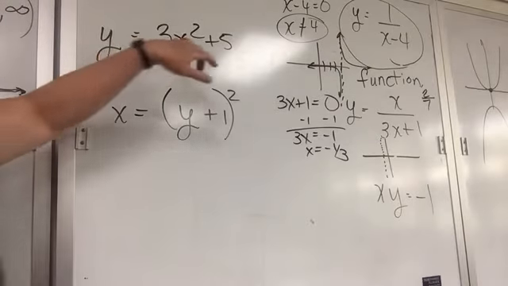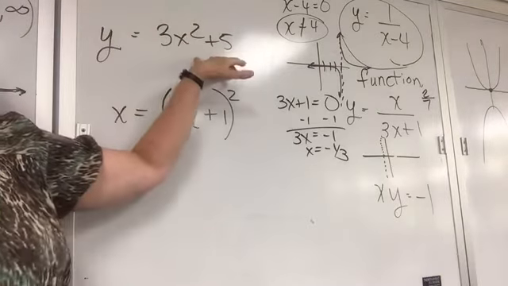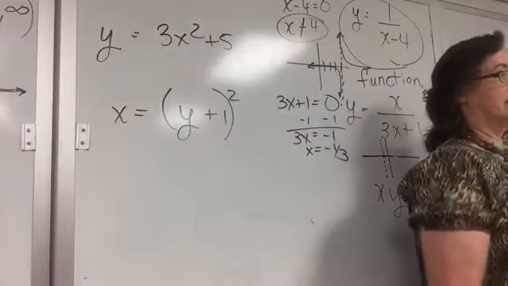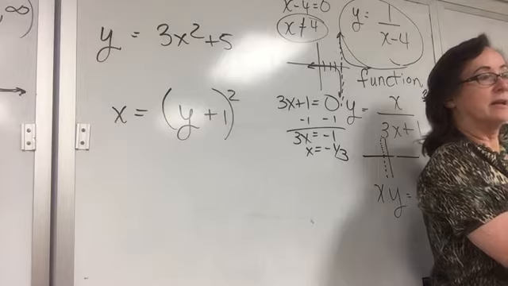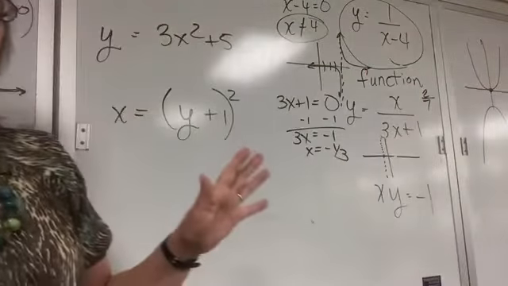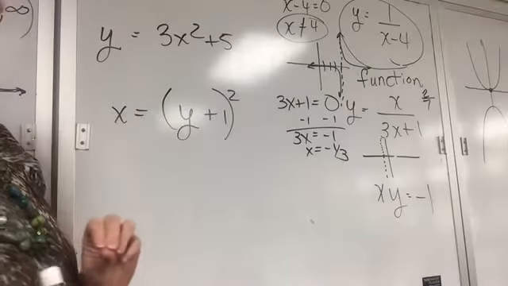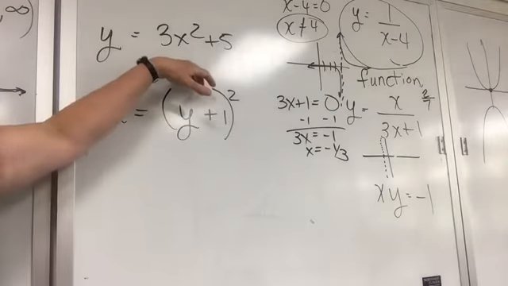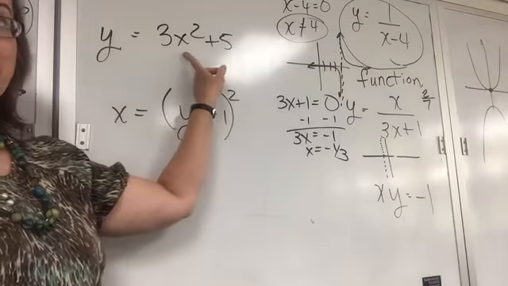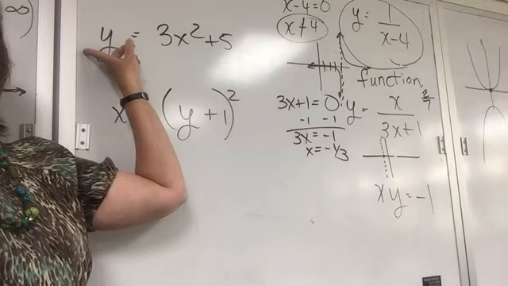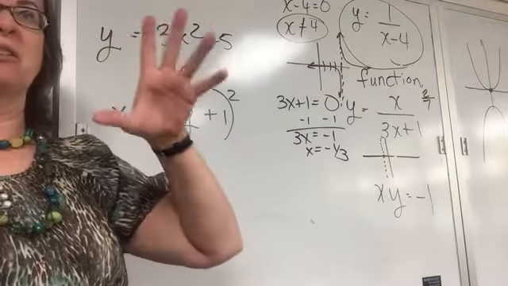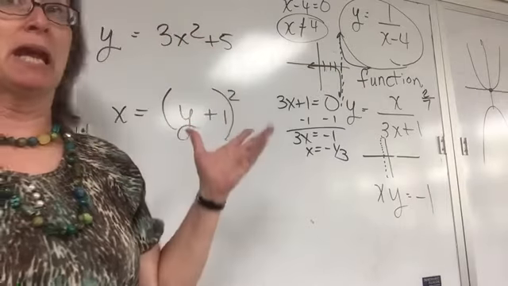All right, so this one's a line. What is this? Okay, we just talked about this over here. Recognizing forms, okay? You want to recognize the forms. So this is an x squared parabola. You can tell it's a parabola because one variable is squared and the other one is not. When we have both of them squared, we get into circles and ellipses and hyperbolas.